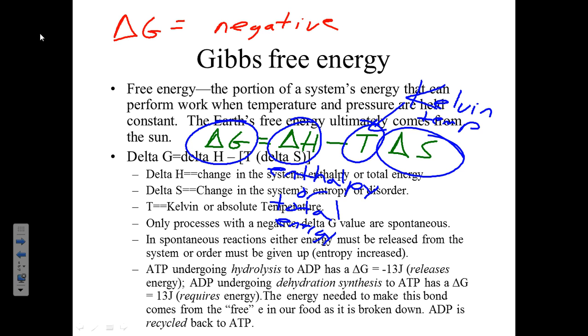Is it taking it in or is it giving it off? Turns out negative means it's giving it off. So if you get a negative delta G, it's a reaction that's releasing energy. If it's releasing energy, it's what kind of reaction? Exergonic. So negative delta G tells you the reaction is exergonic.